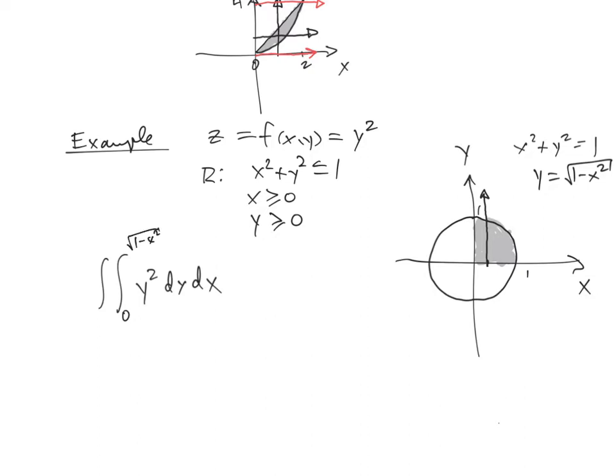I step back and make sure it makes sense. I'm integrating with respect to y, so my limits are either numbers or functions of x. And they are a number and a function of x. I should be good. Okay, then I'm going to integrate with respect to x. y is gone.